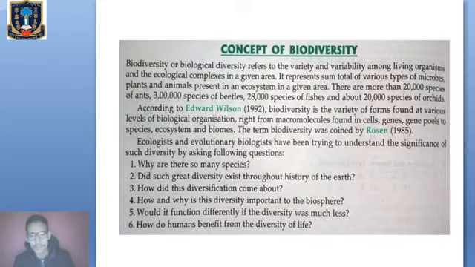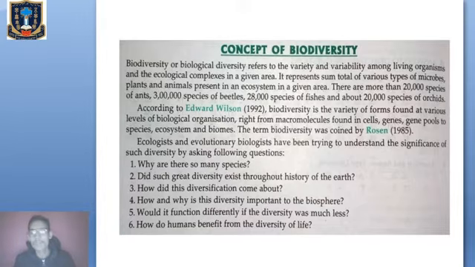That means the variety of species that we find in a given ecological area or in a given ecosystem is known as biodiversity, because we have huge diversity in terms of flora and fauna. That diversity of living organisms, of species of plants and animals in a given geographical area or ecosystem, is known as biodiversity.